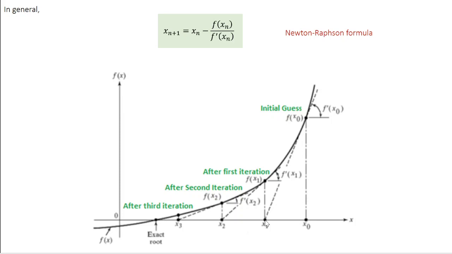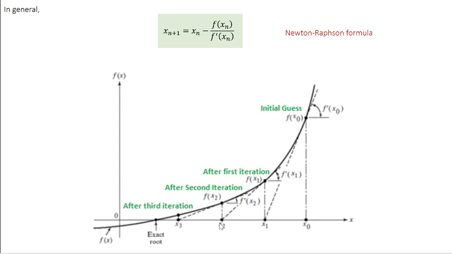Once again, you find the corresponding point on the function f of x1, find the slope f prime of x1, look at the point where the slope intersects the x-axis, that is your new approximation x2. So you keep repeating it.